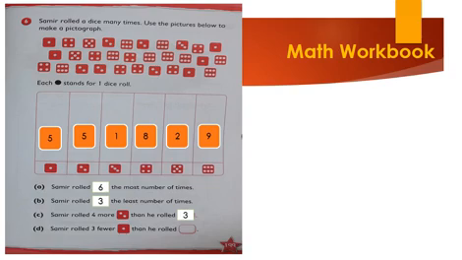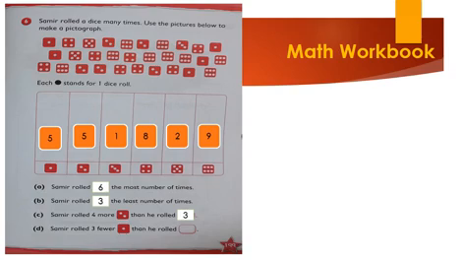Okay? Let's continue. Samir rolled 3 fewer 1 dot dice than he rolled the other one. So, the 1 dot dice was rolled 5 times. So, 3 fewer.